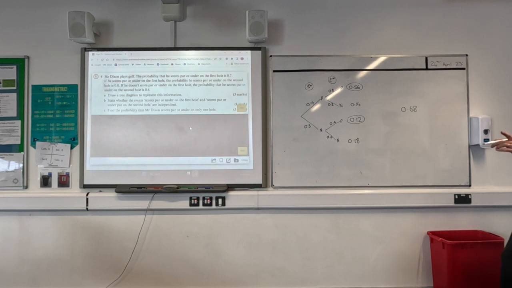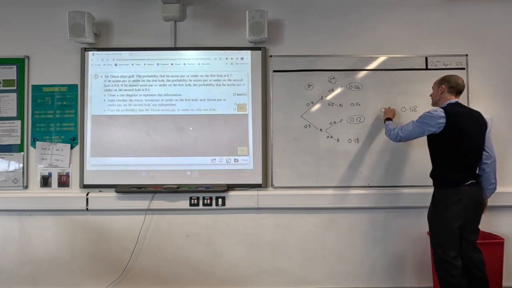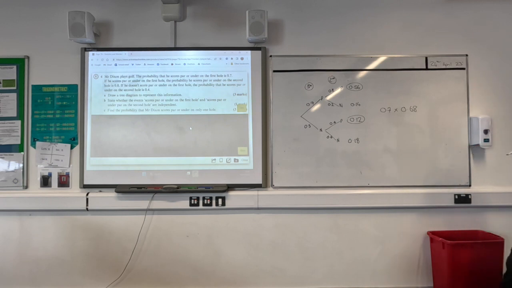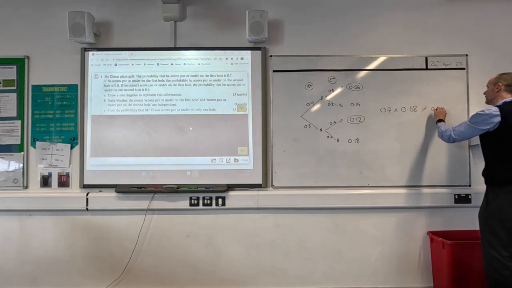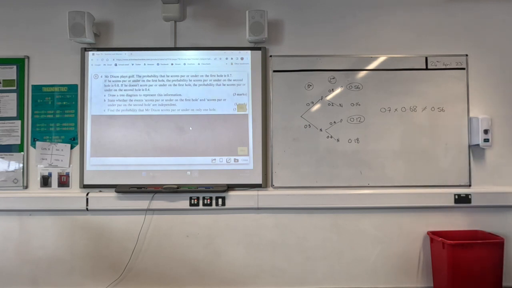And the probability he pars the first hole, 0.7. The probability that he pars both holes is 0.56. And that times that does not equal it. But you don't need to do that calculation in this case because it is obvious that they're not independent.